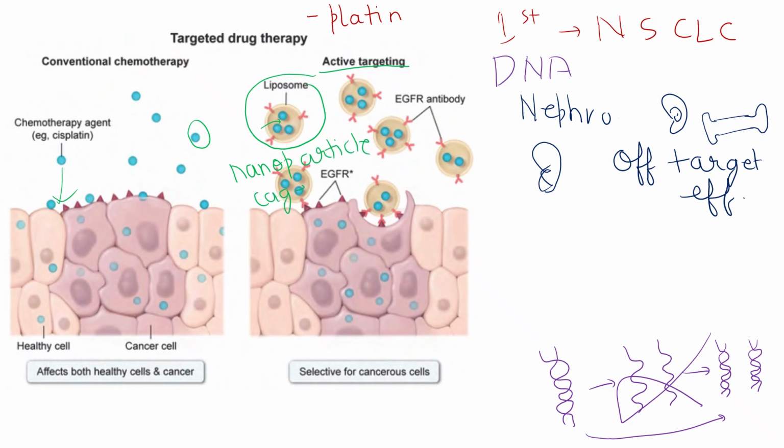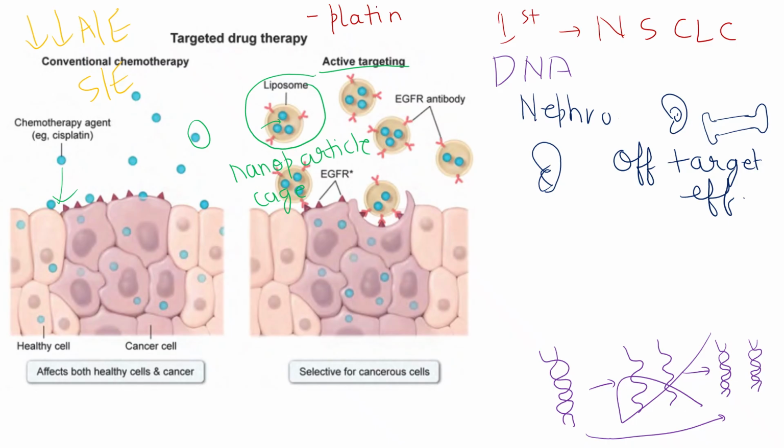Nanoparticle cage that traps the drug and limits its interaction with the normal cells. So why do we use encapsulated nanoparticles? Obviously to decrease the adverse effects. The difference between adverse effects and side effects, tell me, I'm waiting in the beautiful comment section for your comments.